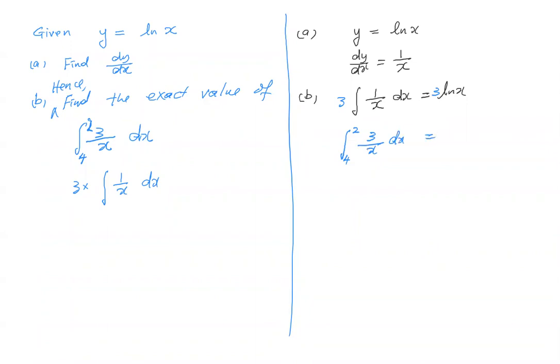So am I done? So now integrate 2 to 4, 3 times of ln x dx. I will get, I put an open bracket, 3 ln x, 2 to 4. Okay? So I substitute with 4, take away, substitute with 2. Both got 3. I can factorize.